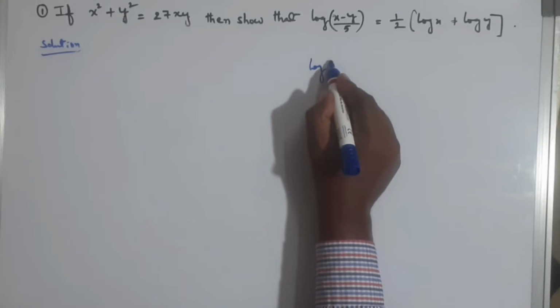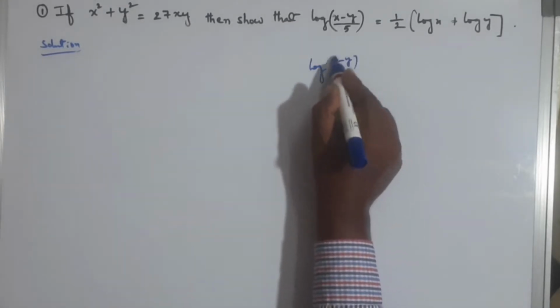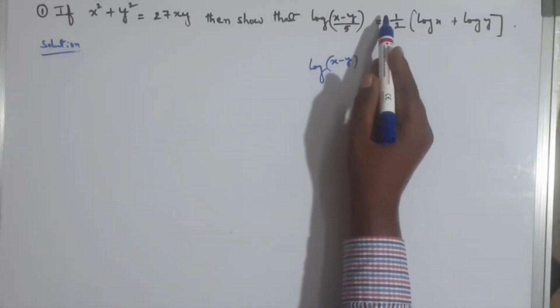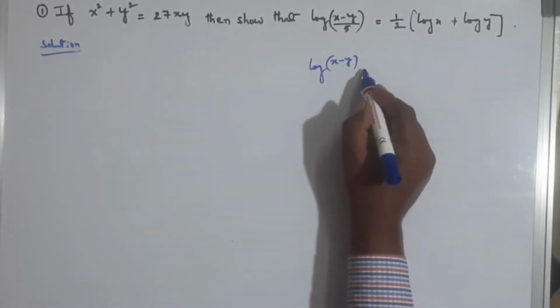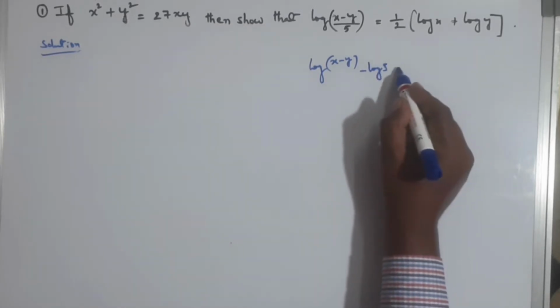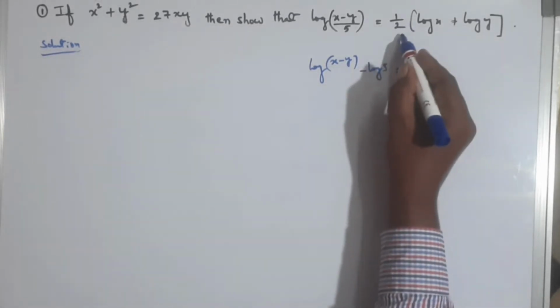Log of (x minus y) by 5. If log of x by y, I can write log of x minus log of y. Similarly, minus log of 5, which equals this 1 by 2.